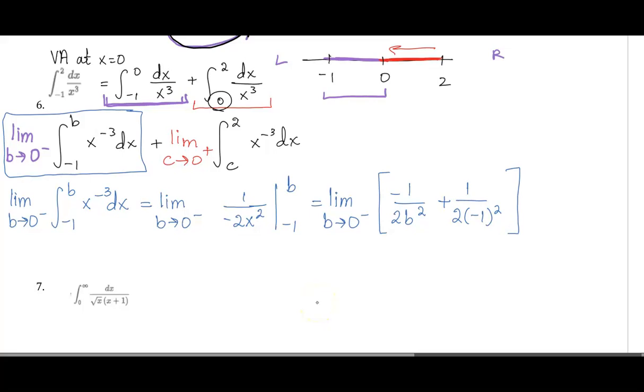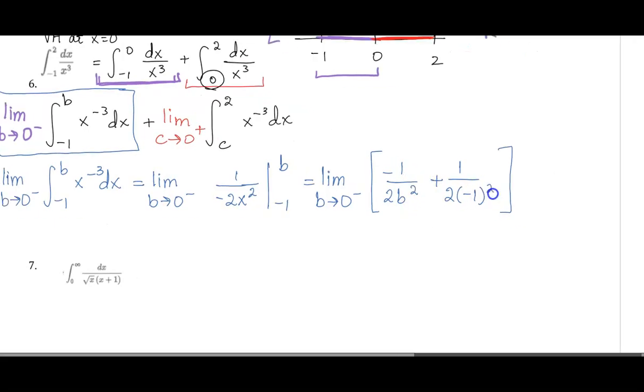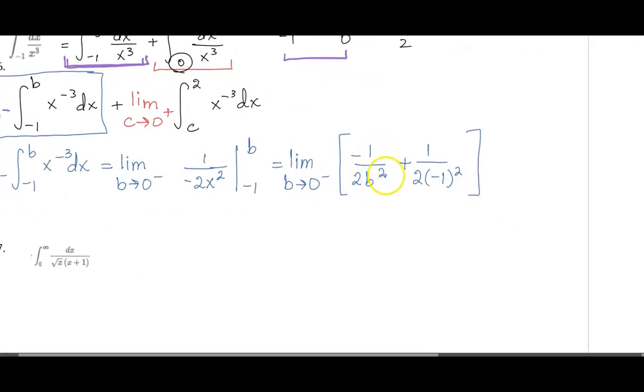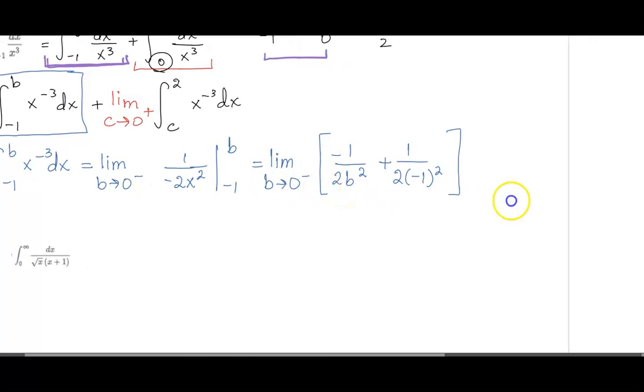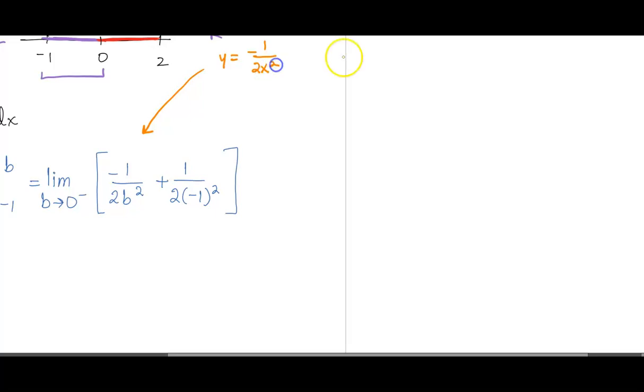Now let's actually apply the limit. What happens to the graph of -1 over 2x squared as we approach 0 from the left? To help give us some perspective, off to the side here, I am going to graph -1 over 2x squared.